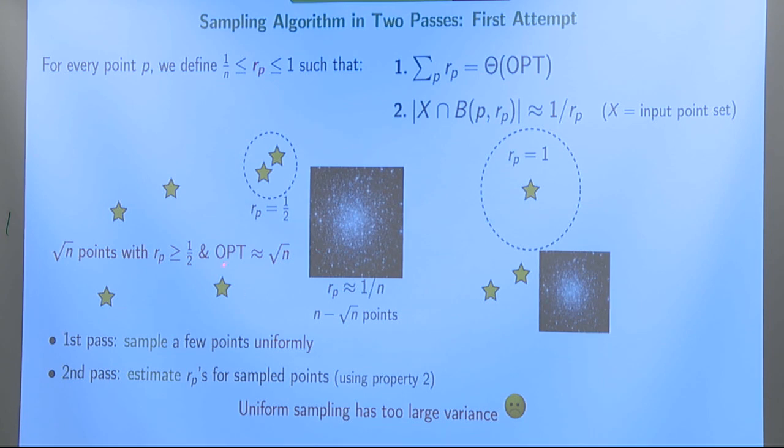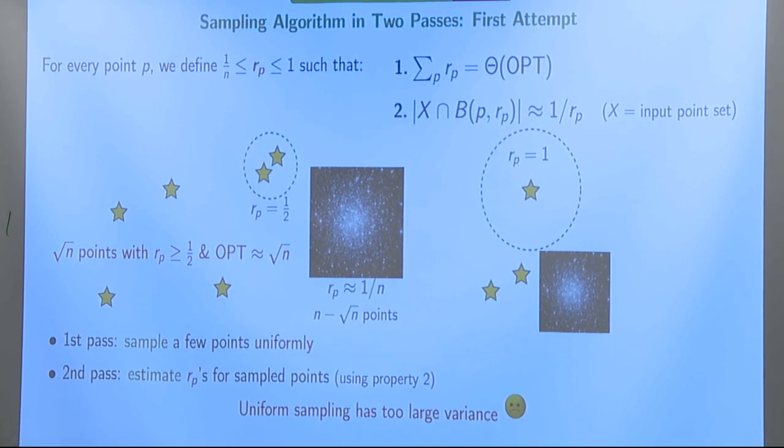So basically, the optimum cost is pretty much determined by these points of large RP, but there are relatively few of them. So if you sample uniformly, you will most likely hit something here. Unless you sample square root of n points, you are just hitting something here. So that just does not work.